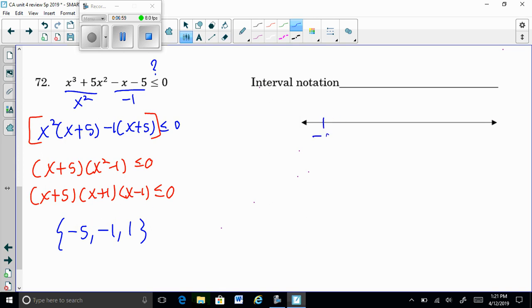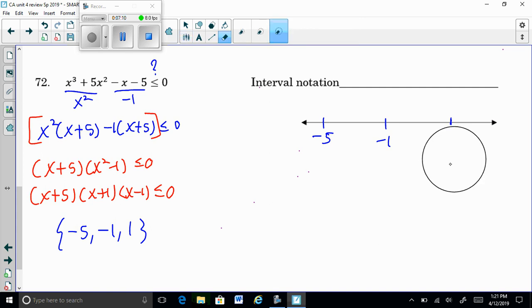So let's see, we'll put negative 5 right here, negative 1 right here, and positive 1 right there. I know I'm not spacing them. The spacing's a little off, but I did that kind of on purpose, so I have room to do my work to show if it's part of the subinterval or not.